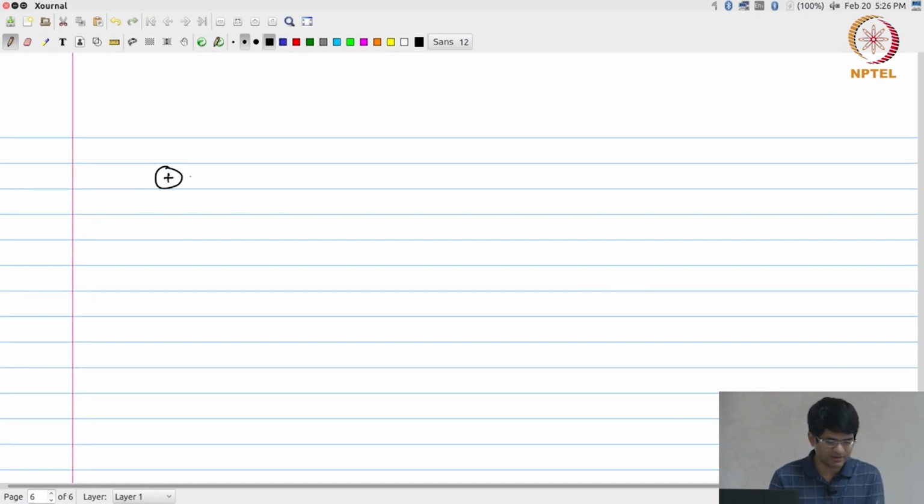If this was an adder, there was a delay element and this was some other unit, then I actually do not need to worry about j being greater than or equal to i plus 1. Now j only needs to be greater than or equal to i plus 1 minus what? Not minus 1, minus n. Why n?